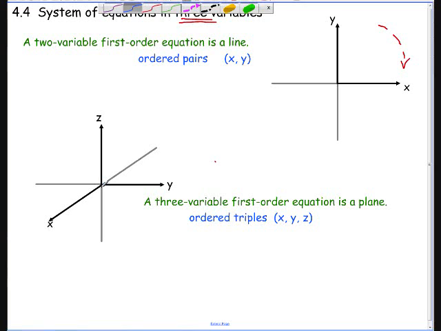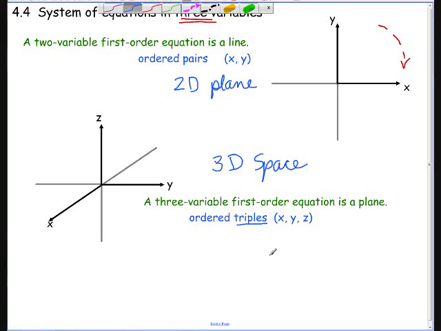We now have 3 dimensions, and to name a point anywhere in this space, so we've got 3-dimensional space. Up here we had a 2-dimensional plane, and we had an ordered pair. Now with 3 dimensions we have ordered triplets, x, y, and z.